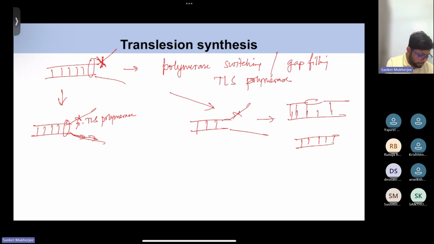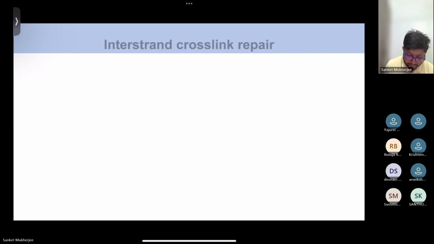Then there is the crosslink repair pathway, where two bases from complementary strands are interlinked like this. If they are linked across the same stack, that is intrastrand, but if it is happening this way, then it is interstrand crosslinks.